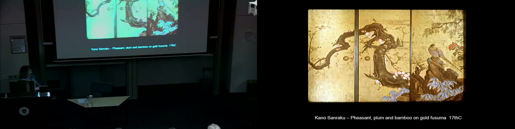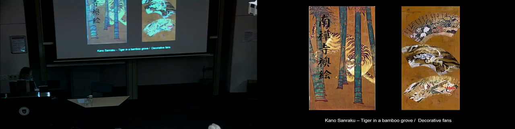So these kind of images are lavish and luxurious in their way, but kind of more restrained. Kano Sanraku was from the Kano school of painting. We have many things like this. We have tigers in the bamboo grove, decorative fans which are painted to look like real fans, a bit like trompe-l'oeil, on gold screens in the background.